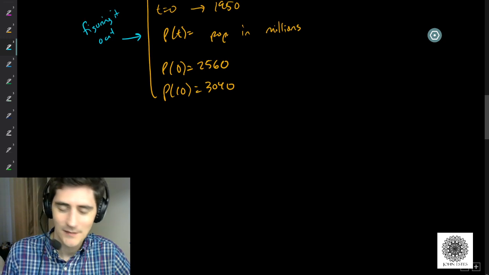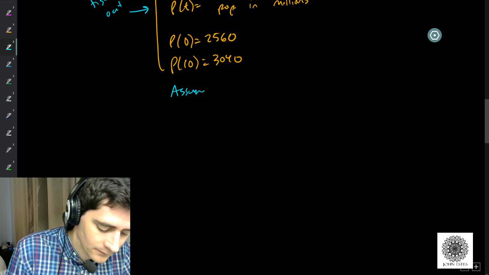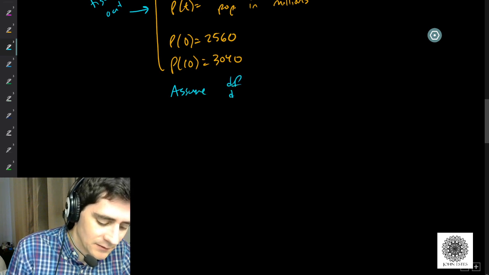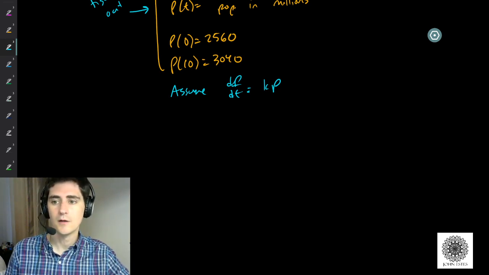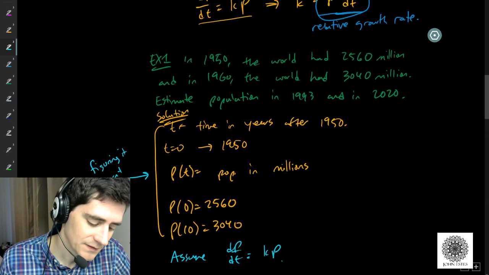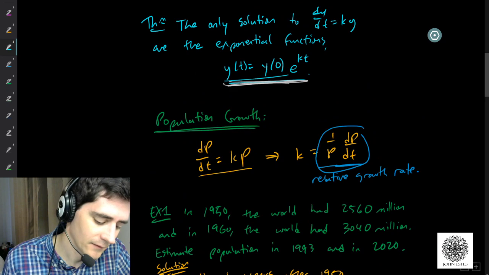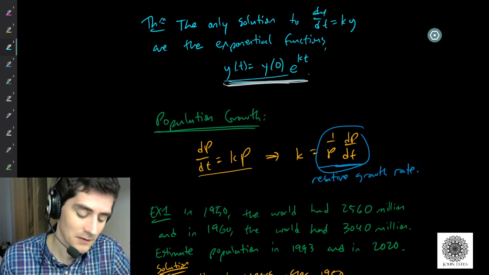All right, now we're assuming that the change in population does in fact follow this population growth model that we use. And so from my theorem, we said that that situation is going to have a solution y(t) = y0 e^(kt).